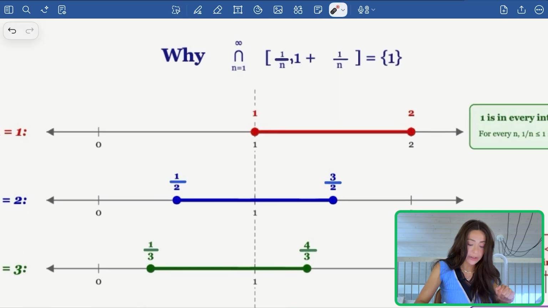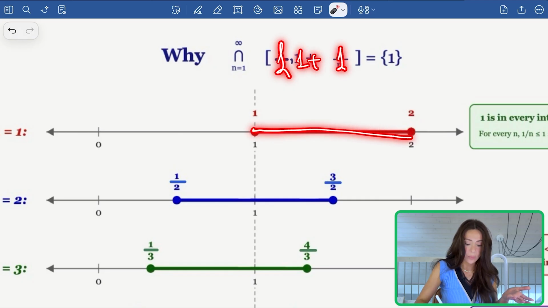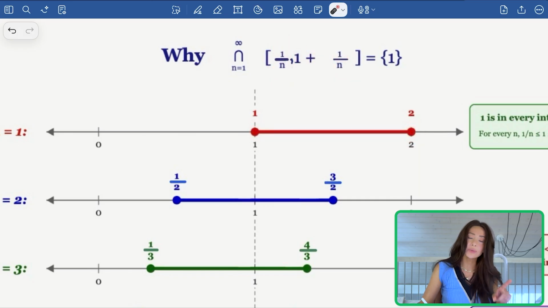The first term is when n is 1, 1 over 1, or 1. 1 plus 1, that's 2. So the first interval is 1 to 2. 1 and 2 included. Remember that. So the second is when n is 2, 1 over 2, and 3 over 2. Okay, 1 is still included. As you can see, the left edge of this interval gets close to 0, and the right edge gets close to 1.